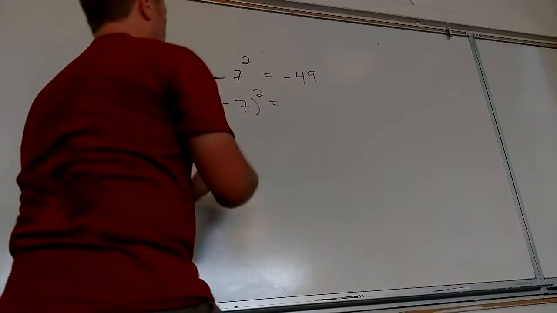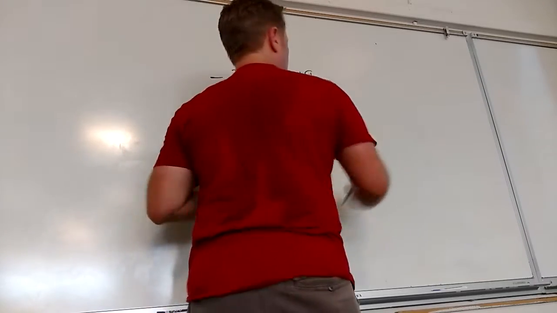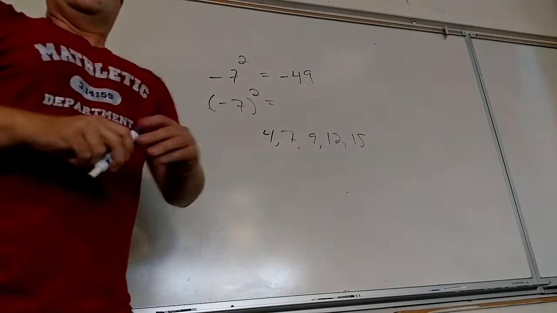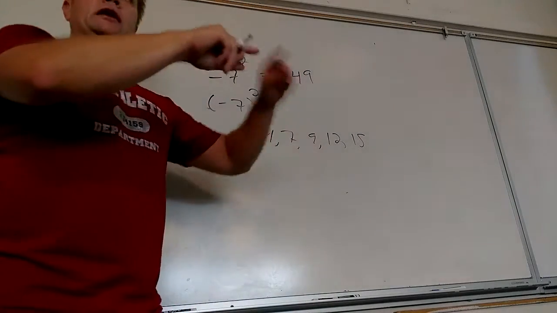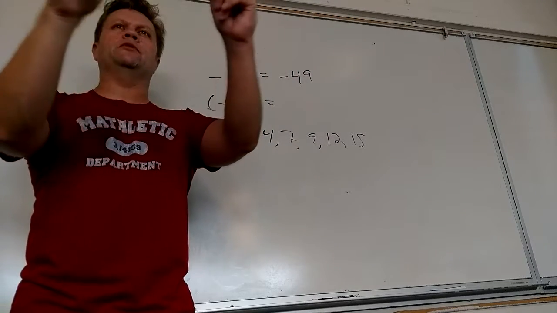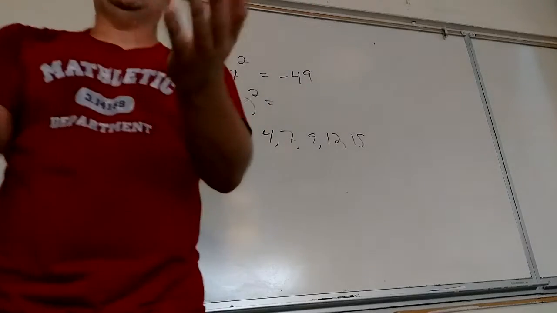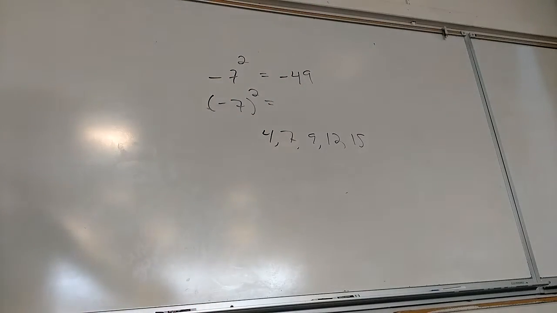If I have data like 4, 7, 9, 12, 15, and I want to step around in my data, to explore my data, the standard deviation is sort of setting up what the tick marks would be. So if I'm measuring between people, I could use inches or feet.